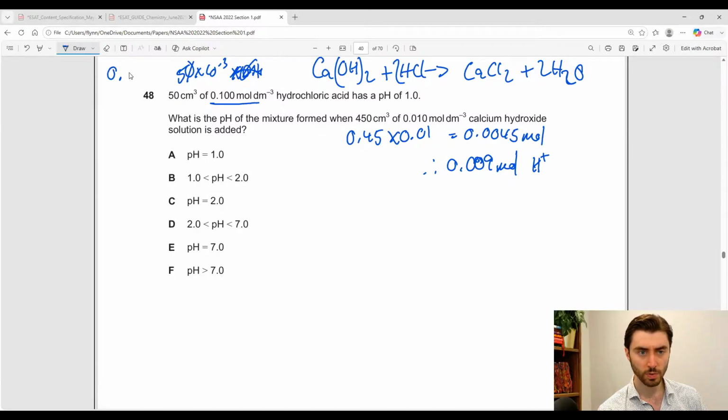There were 0.005. That can't be right. Moles.